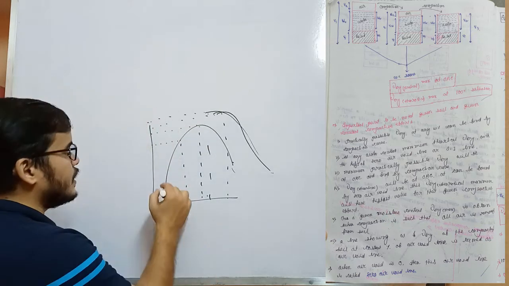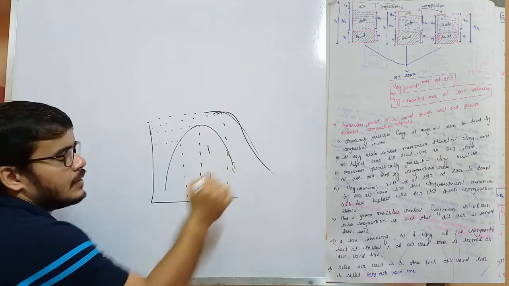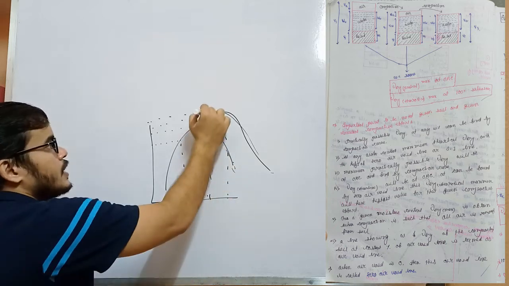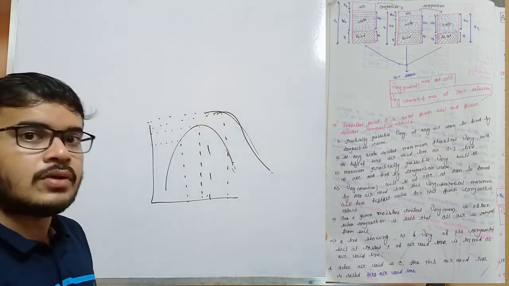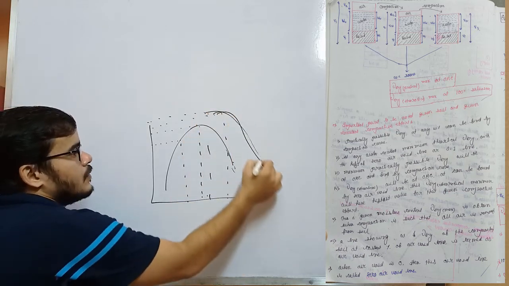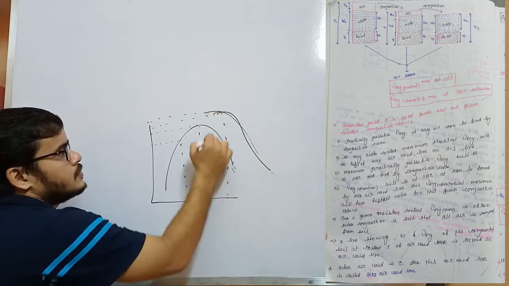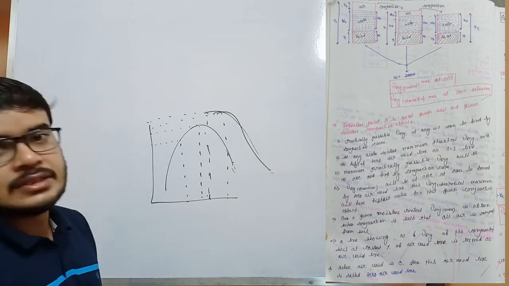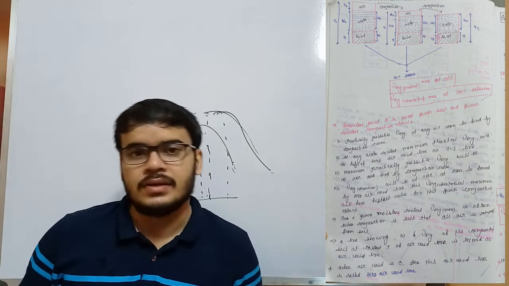That's why practically we are getting this type of curve, but in theory, where we can assume that all air is removed, in that case we can get this type of curve. So at the OMC we can get the maximum theoretical gamma dry value.